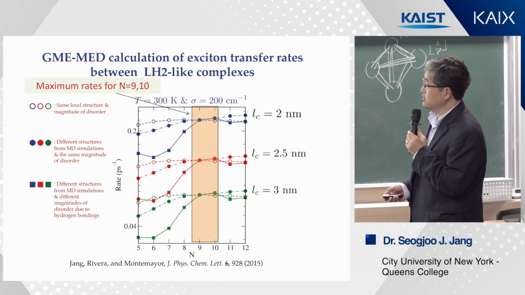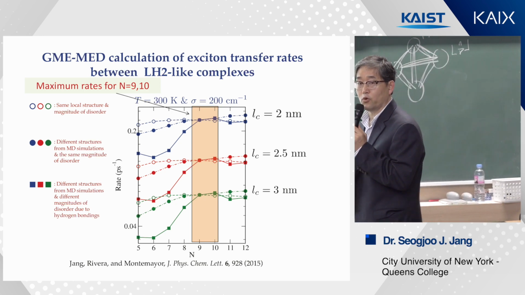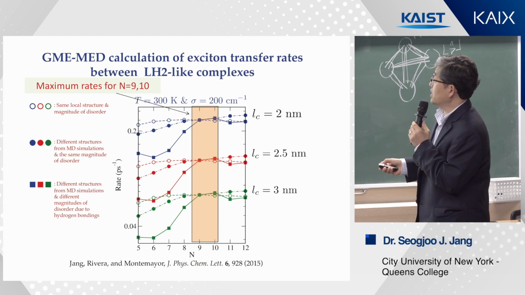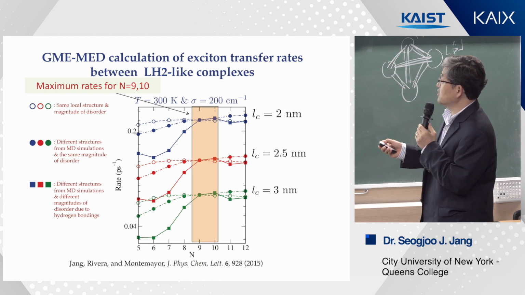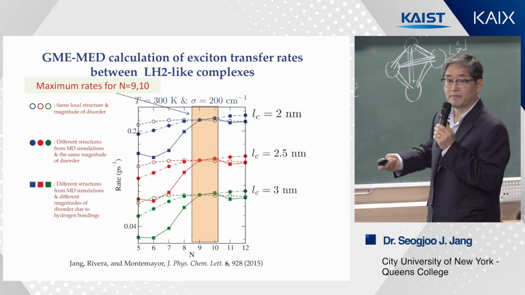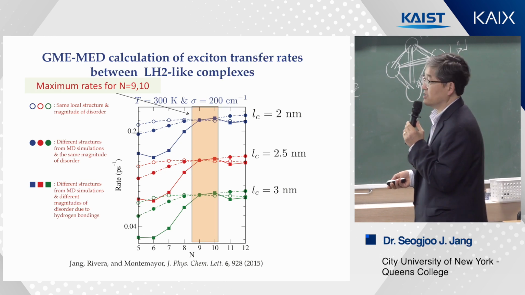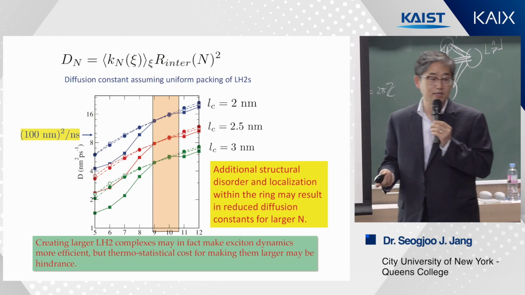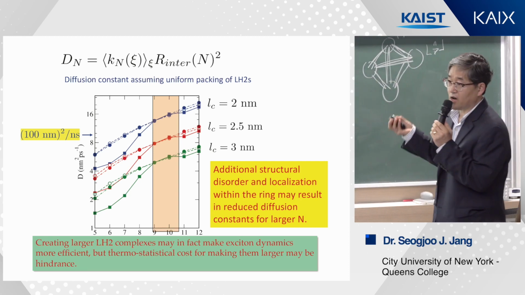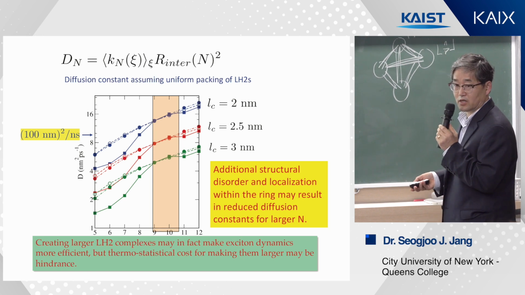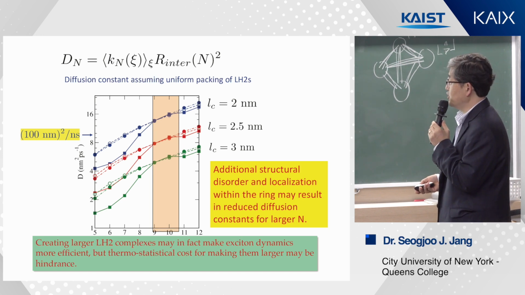The main conclusion is that if we include all the realistic effects of structure and disorder, we find that the natural ones correspond to the maximum inter-LH2 transfer rate on average. So this was quite interesting. Maybe we thought that this can justify why natural systems have 9 or 10-fold symmetry complexes in most situations.